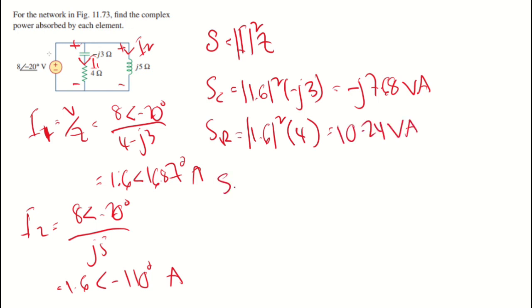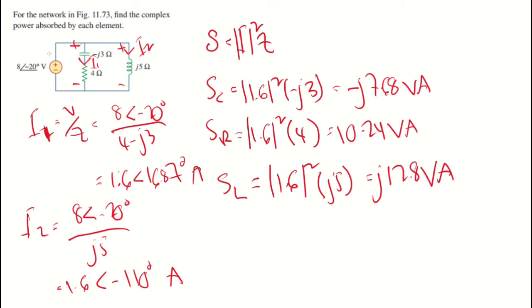And lastly, for the inductor, the same equation, 1.6 square times the impedance j5, you will get j12.8 VA. Now we have the value for each element.